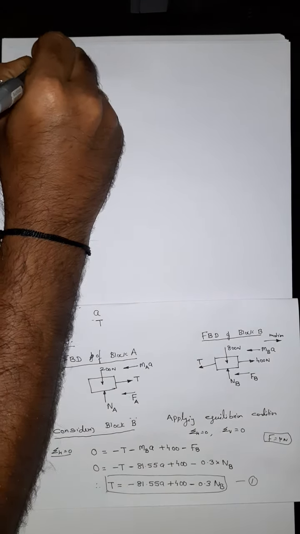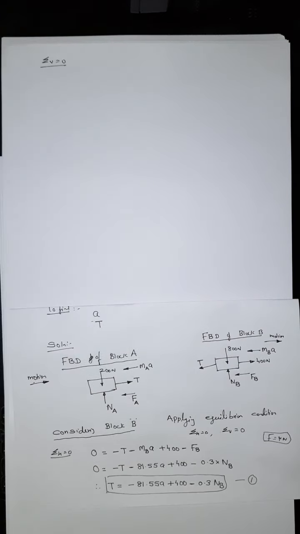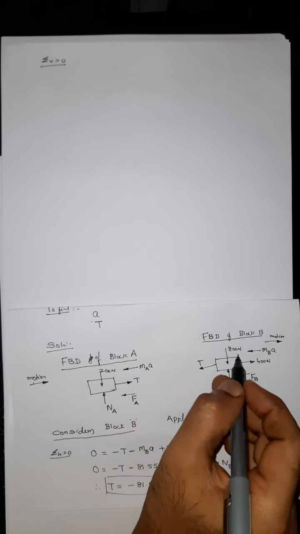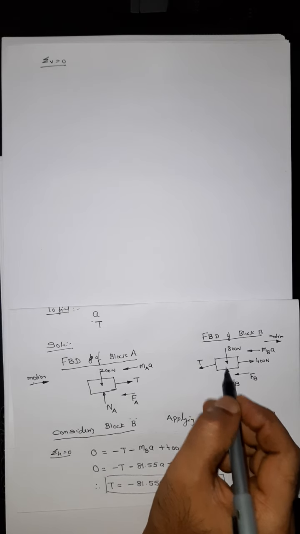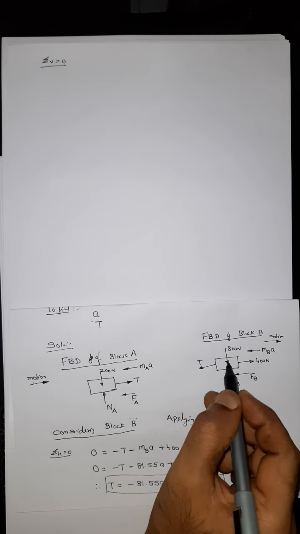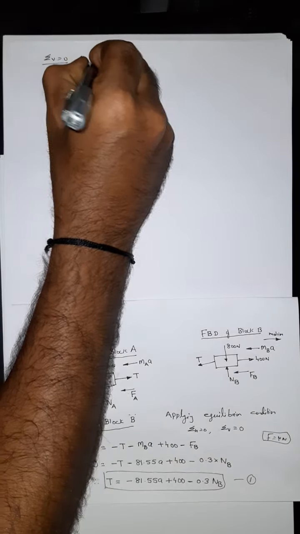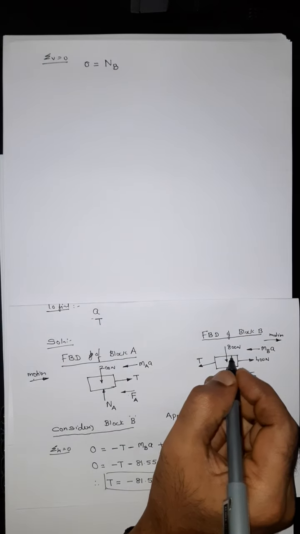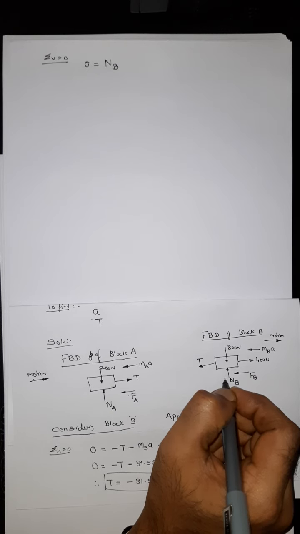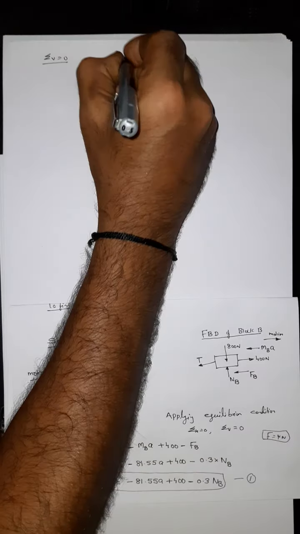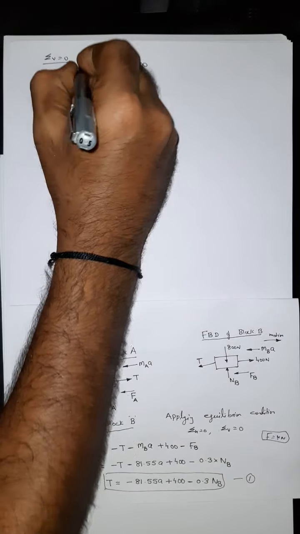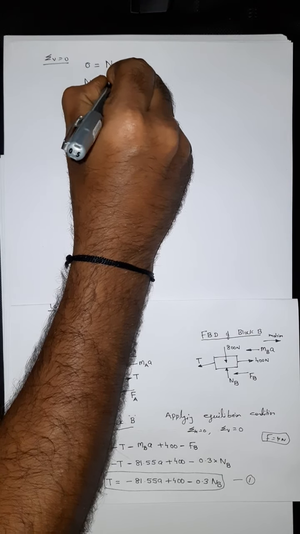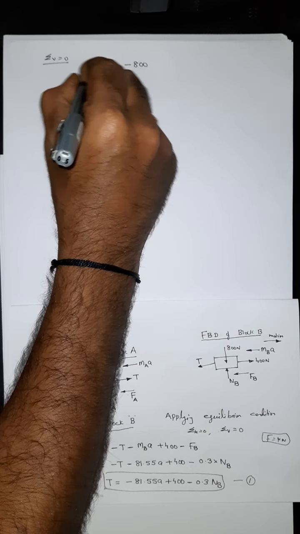Let me resolve the vertical forces. As far as block B is concerned, only 2 vertical forces are there, right? 0 equal to NB, which is acting in the positive y direction, therefore it carries the positive sign, and negative direction 800. So NB equal to 800 Newton.